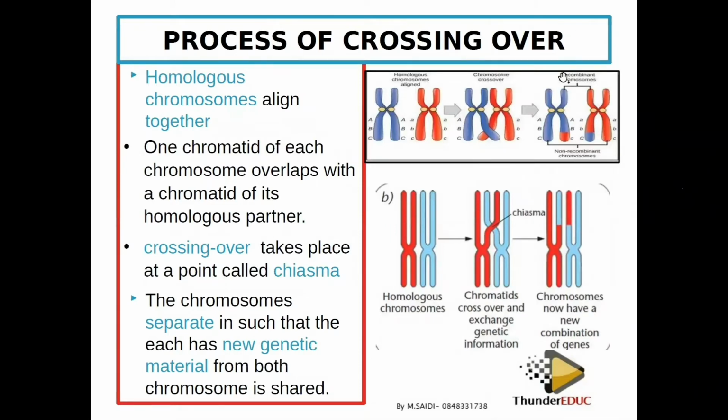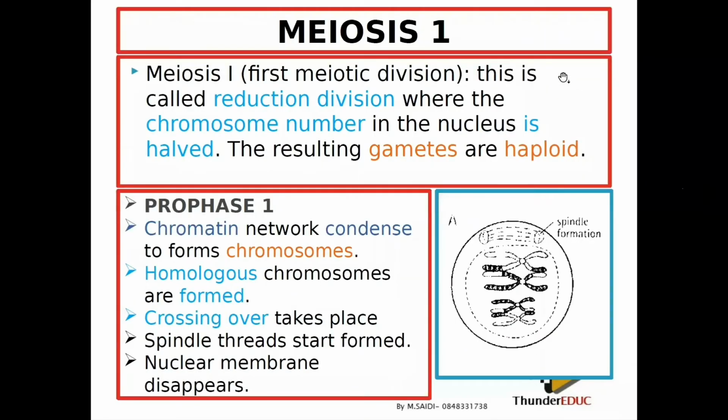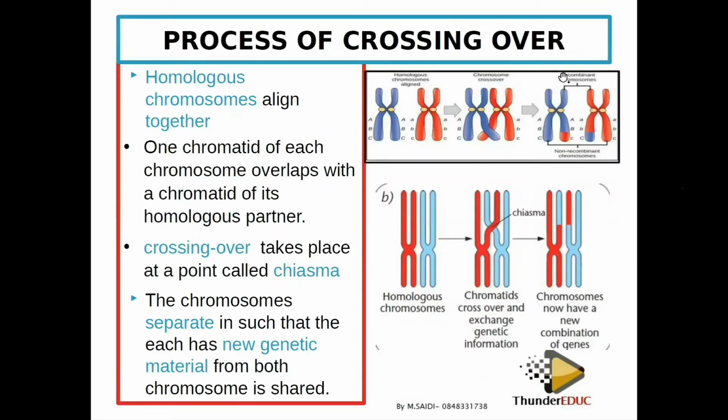But before we go to metaphase 1, let us first explain what actually happens during crossing over. Homologous chromosomes align together, as you can see. One chromatid of each chromosome overlaps with a chromatid of its homologous partner. Then crossing over takes place at a point called the chiasma.